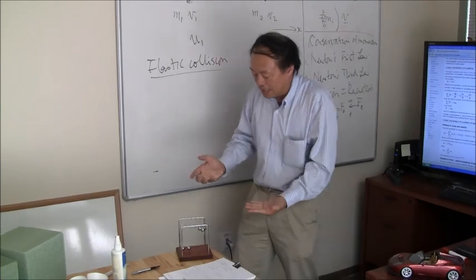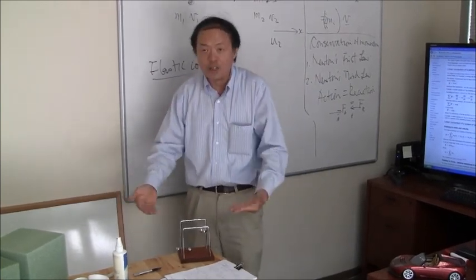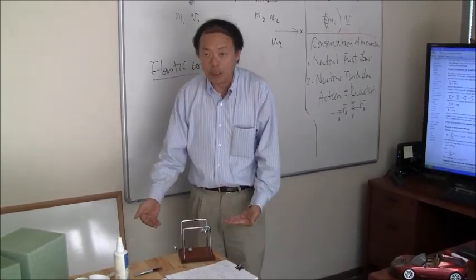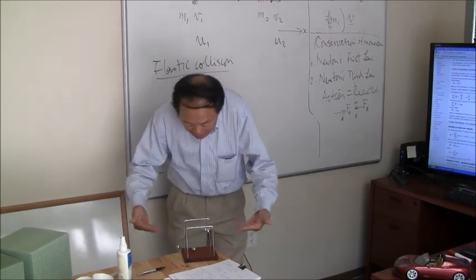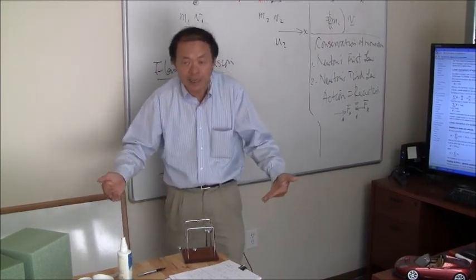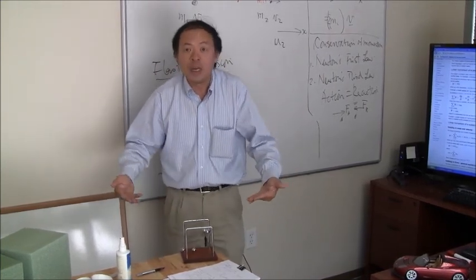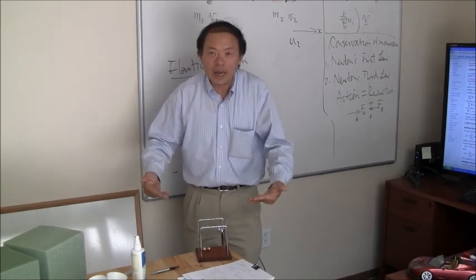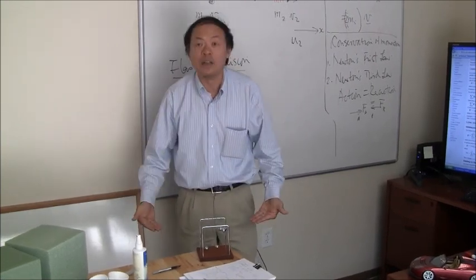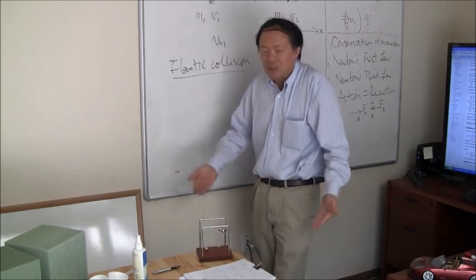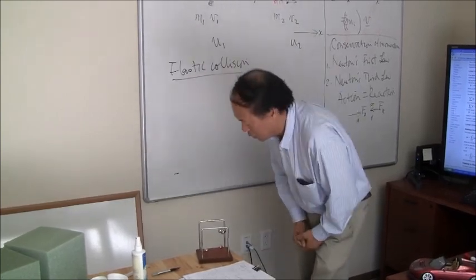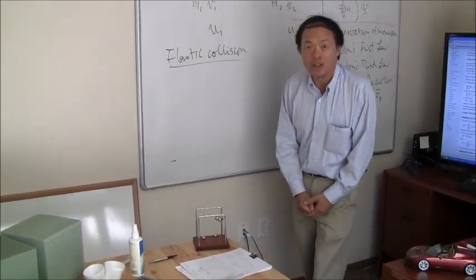So this is completely elastic because no energy is lost in the collision. Now, you may hear the slight tick, tick, tick sound, which is a loss of kinetic energy into acoustic energy. But let's just assume that's relatively small compared to the kinetic energy.